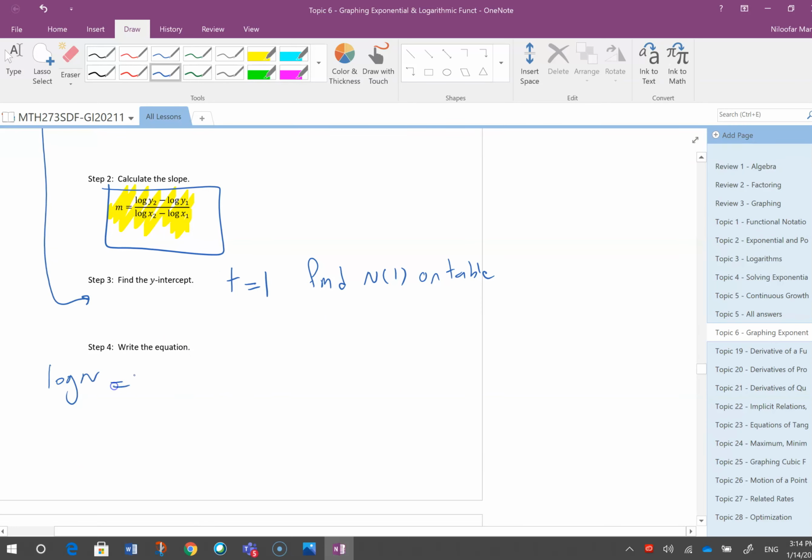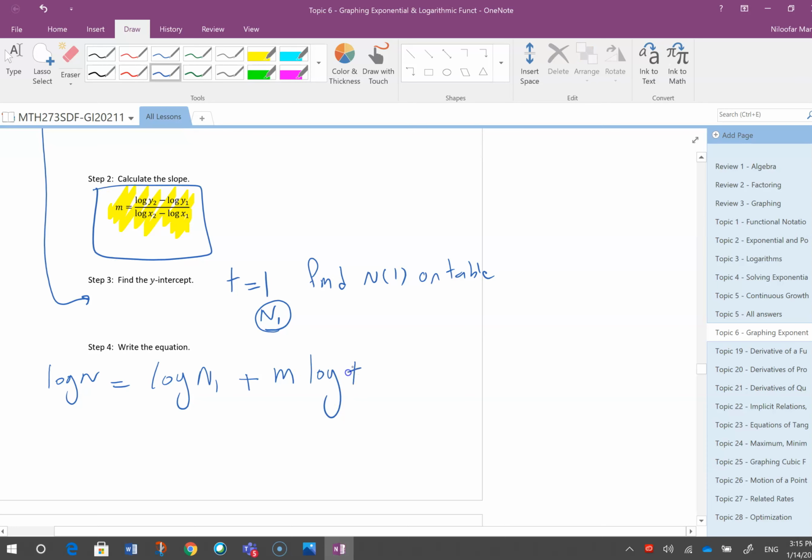Logarithm n equals logarithm n0, but I don't say n0, I say n1, because I use it for t equal 1, not t equal 0. So logarithm n1 plus the slope that you have here, which is m, multiplied by logarithm t.